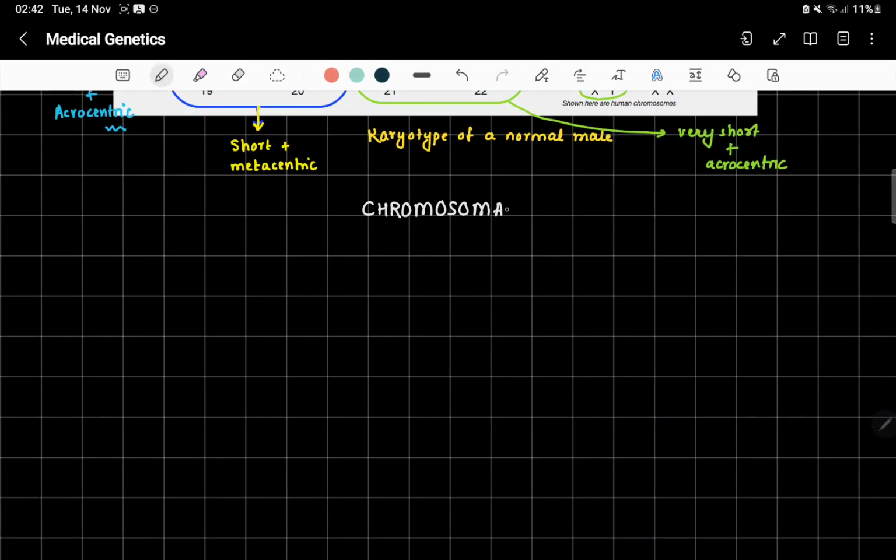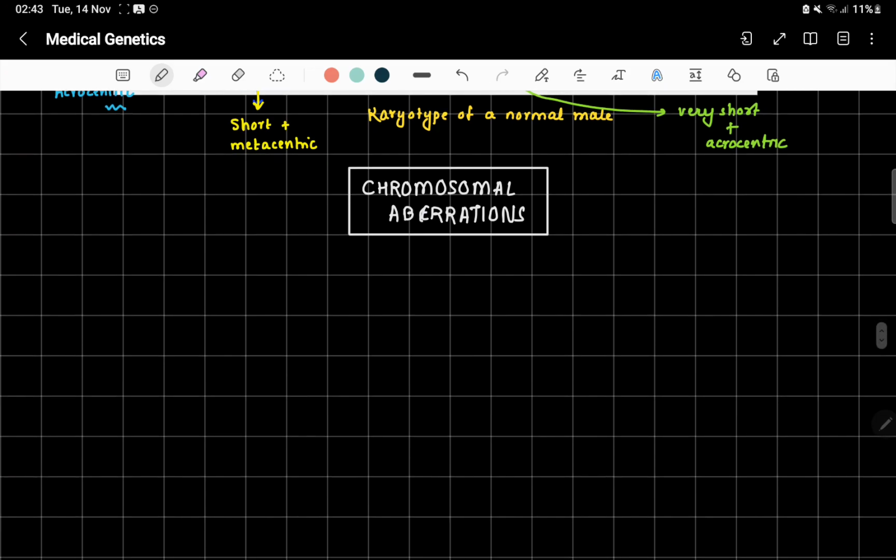Chromosomal aberrations. Okay, so chromosomal aberrations include changes in either the structure or the number of chromosomes. So the structure or the number of chromosomes is altered.